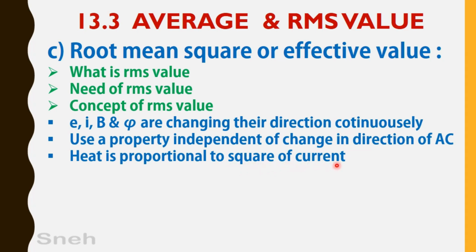And the square of current, whether that current is positive or negative, will always be positive. So I say that heat is not changing its direction continuously as the AC signal is changing, because the square is always positive.